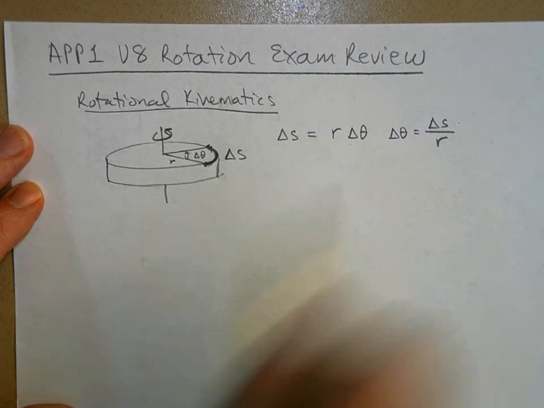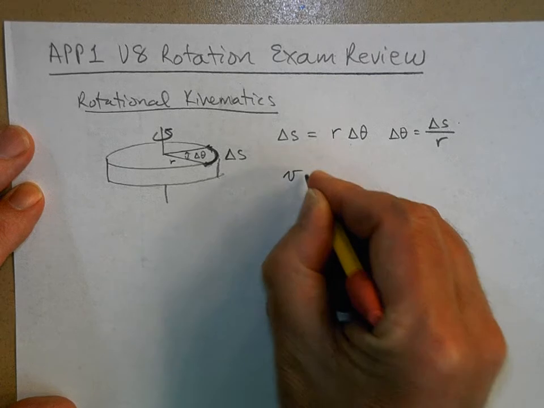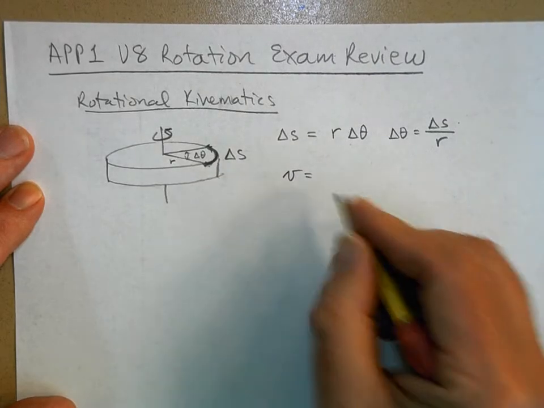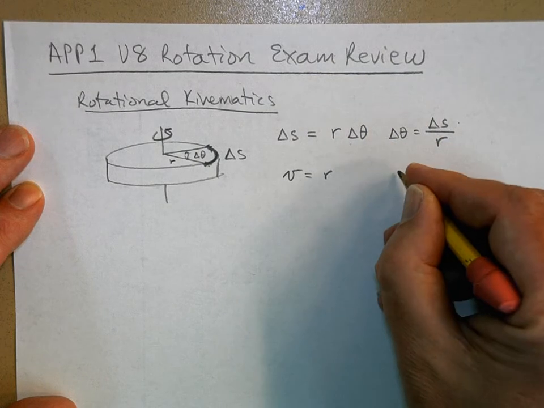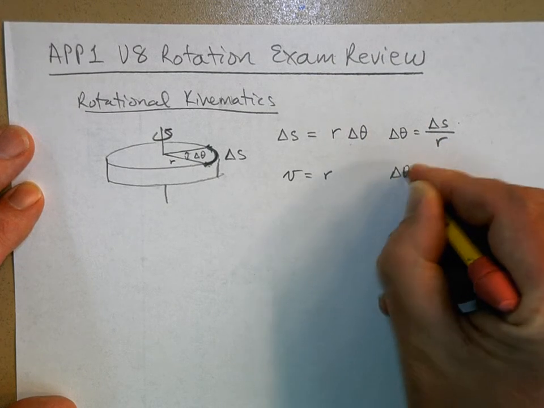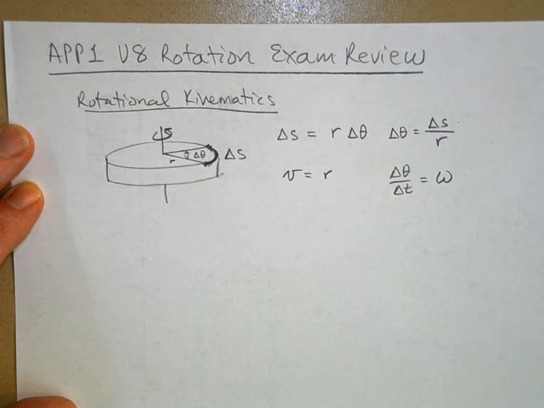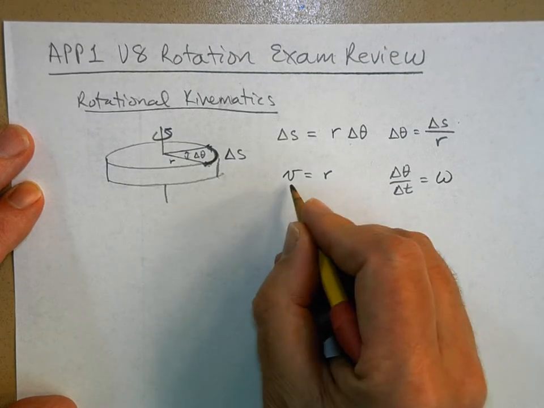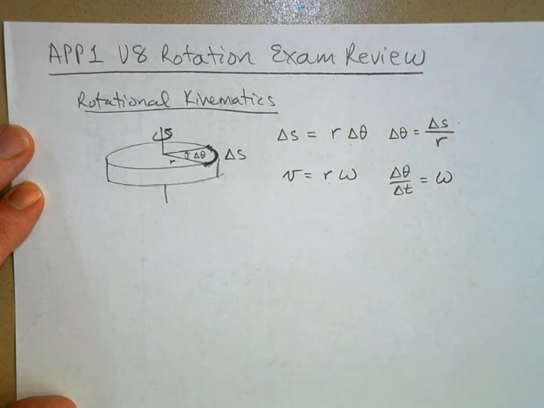If we take both sides and divide by time, we get speed. So the speed of this object out here is equal to the radius times delta theta over delta t, which we call angular velocity. So the linear velocity, the speed, is going to be r times omega.